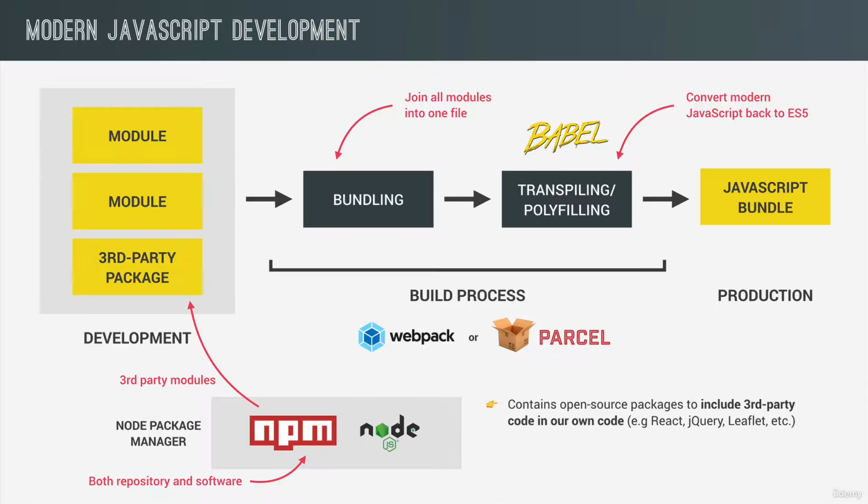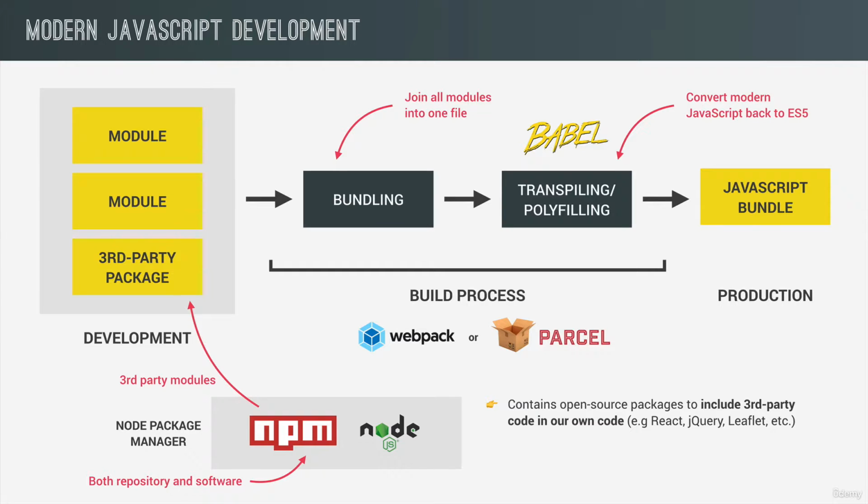So that's because there's a lot of stuff that we need to configure manually in order to make it work properly. Parcel, on the other hand, is a zero configuration bundler, which simply works out of the box. And so in this bundler, we don't have to write any setup code, which is really amazing. So I personally absolutely love Parcel, and I use it all the time, and I think that you will love it too. And so that is the JavaScript bundler that we're going to use later in this section.